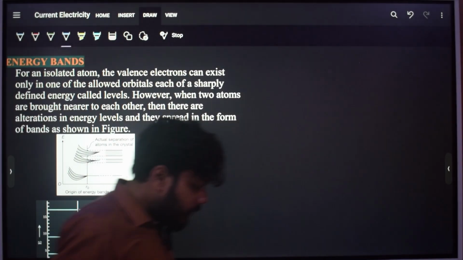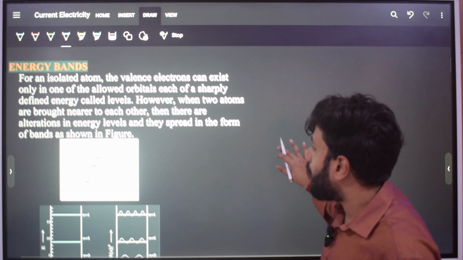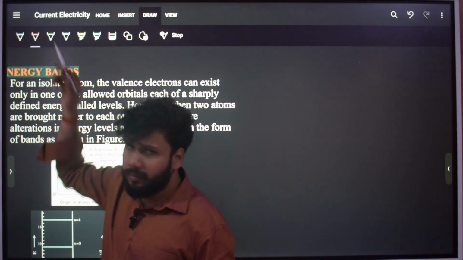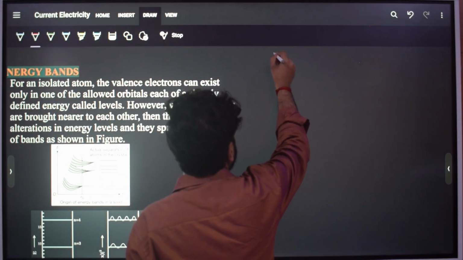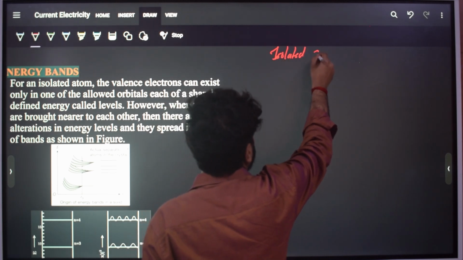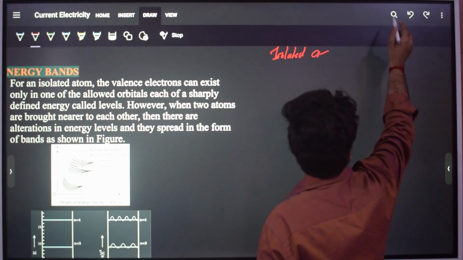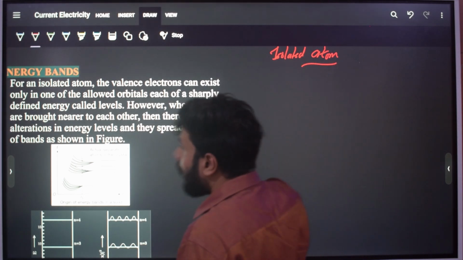As you can see, I have written the definition of energy band and there are a few diagrams, but first we have to understand what energy band is. Imagine you have an isolated atom. What will happen?